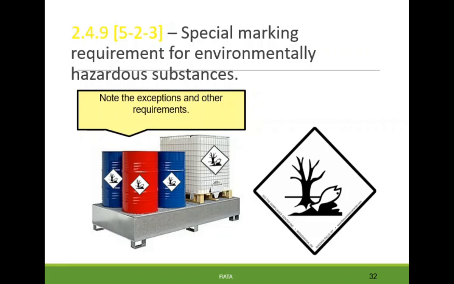The object here is just to show you different examples of packagings. These are steel drums. It's one of the packagings used in the transport of dangerous goods. It may contain liquid or solid. And the other packaging at the back, the IBC, may also contain liquid, and it should have the appropriate labels on it.